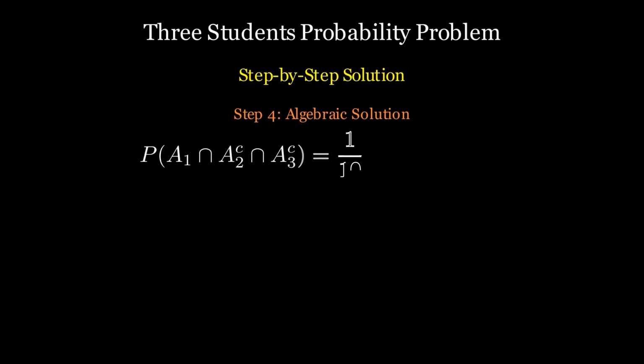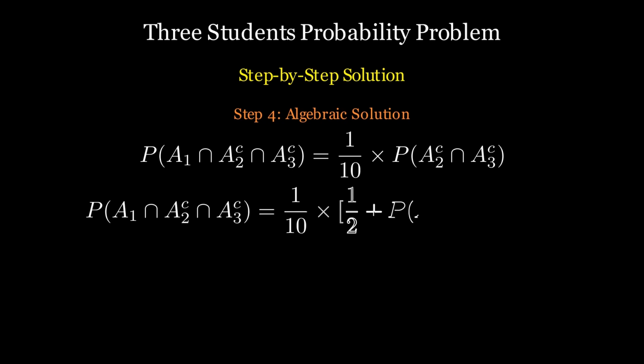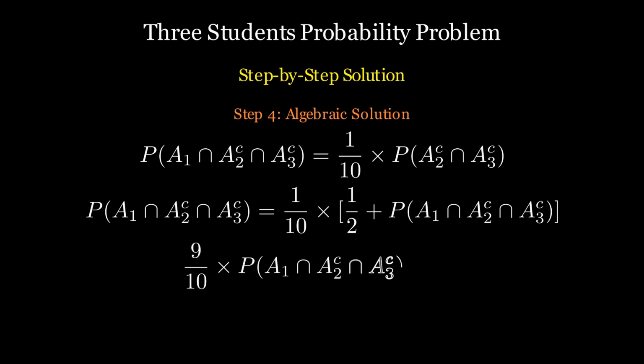This equals 1/2 plus the probability of A1 intersect A2 complement intersect A3 complement. Rearranging, 9/10 times the probability of A1 intersect A2 complement intersect A3 complement equals 1/20. Therefore, the probability of A1 intersect A2 complement intersect A3 complement equals 1/18.